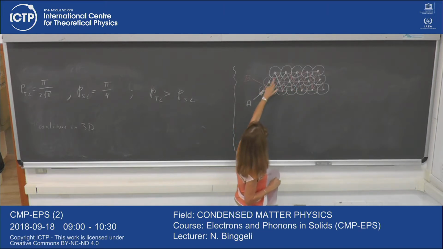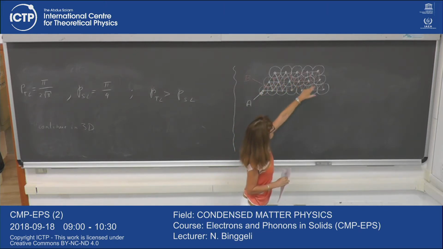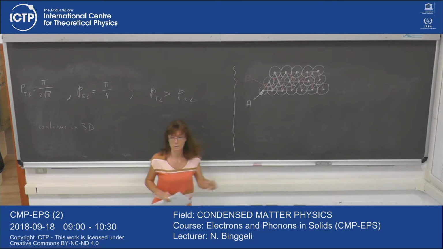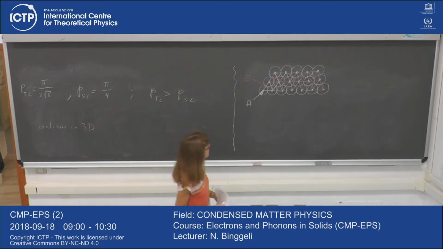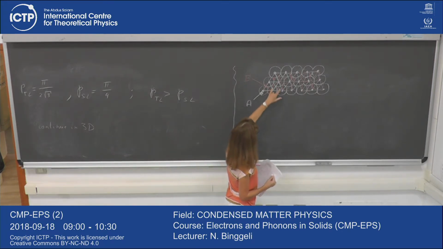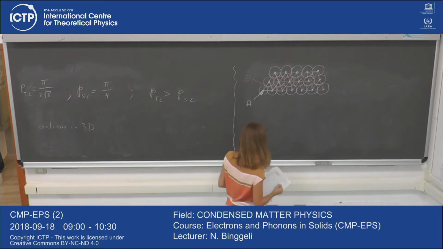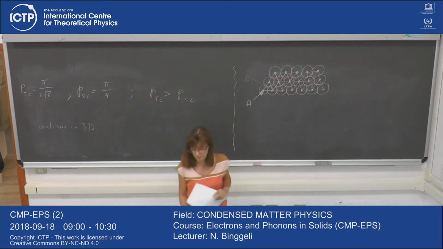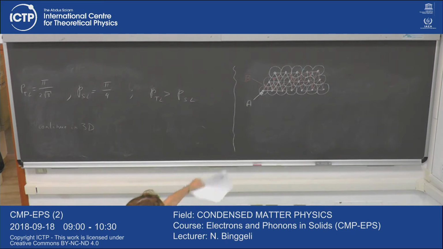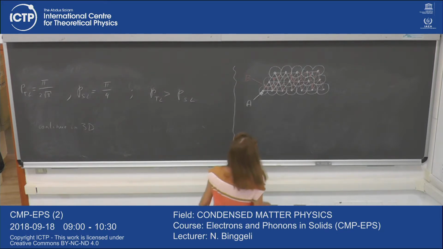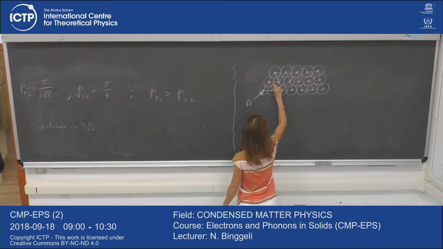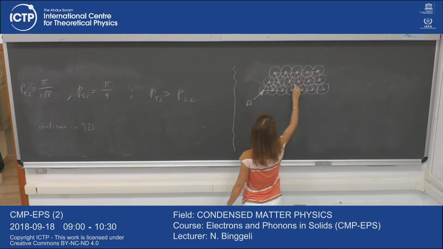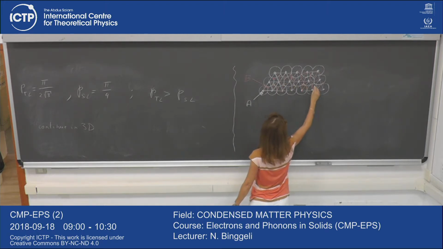And again, the next filled and the next one empty. So in my triangular lattice here, I have two types of empty sites. The red ones, which are called B, and there are also the green ones, which I will call C.